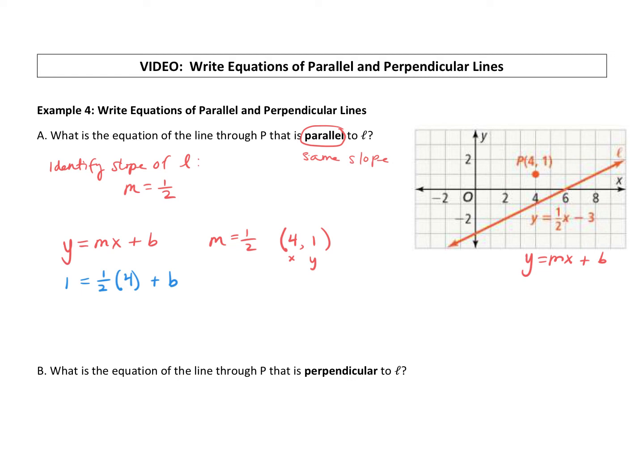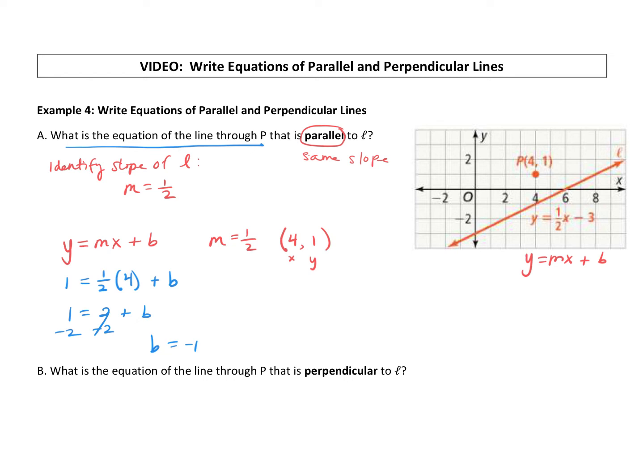So 1/2 times 4 is 2. So I have 2 plus b. I'll go ahead and subtract 2 from both sides. So b, which represents our y-intercept, is -1. So what is the equation of the line through P that is parallel to line L?